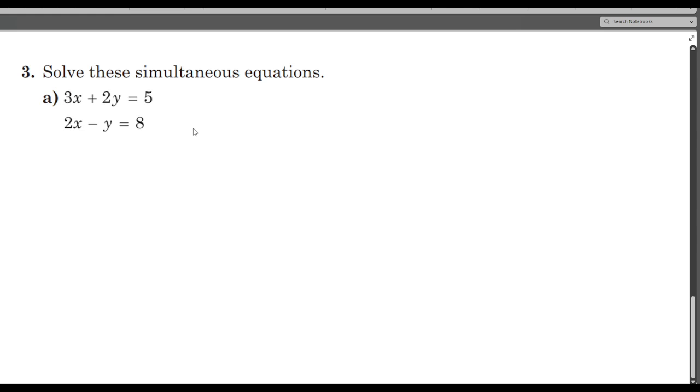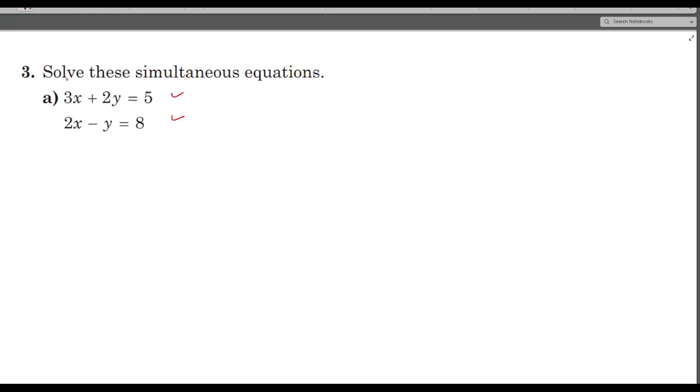When we say we have to solve the simultaneous equation, it means we have to find a common solution which satisfies both equations. Here we have two approaches: the substitution method and the elimination method. I will implement the substitution method in one problem and the elimination method in the other.